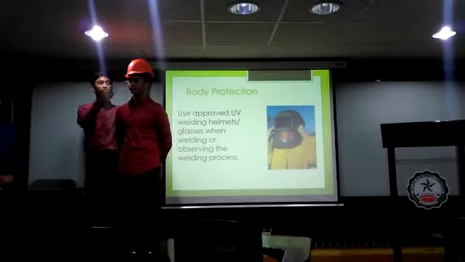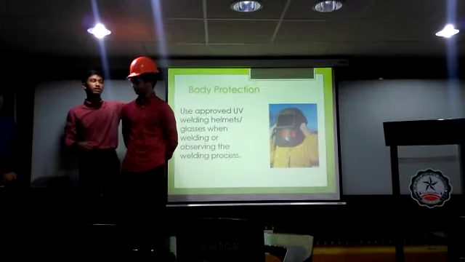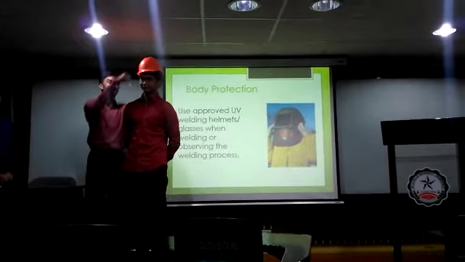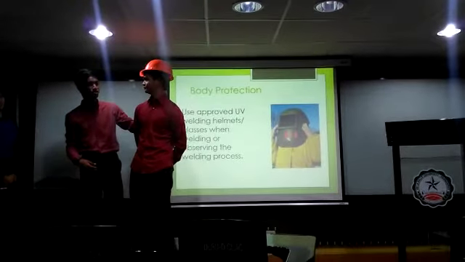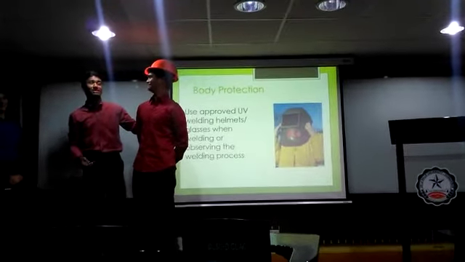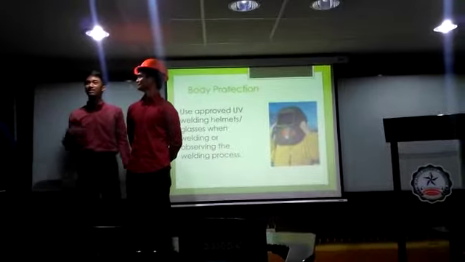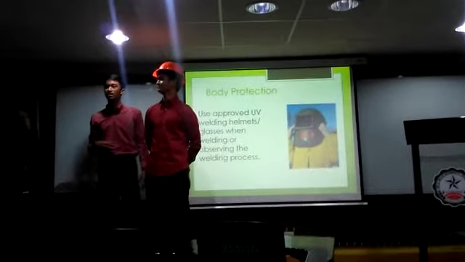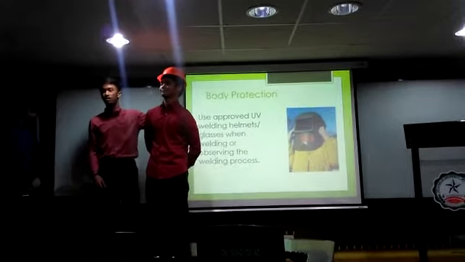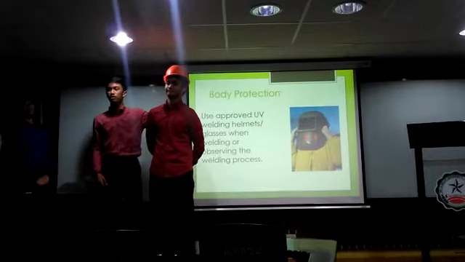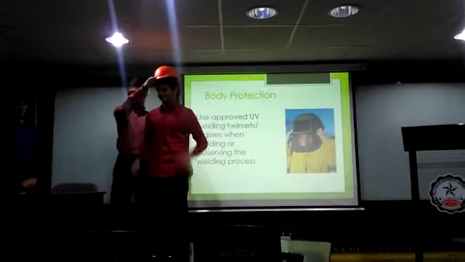Why does this protect our head? Because if I knock on this and ask you, did you feel anything? No. In case of falling debris on the sites and in the workplace, this helmet will protect our heads so we cannot be injured. So thank you.